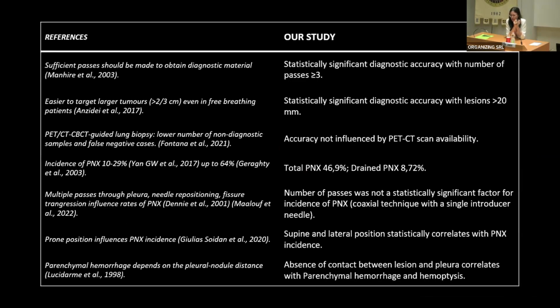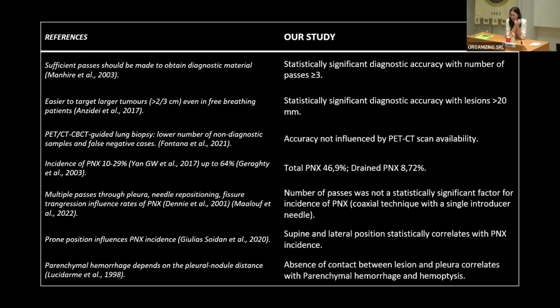In this slide, I would like to show you a comparison between some references I found in the literature and a study we conducted in the last 3 years. It is a retrospective study based on pretty much 300 biopsies. We have found that collecting at least 3 samples for each procedure, thanks to this coaxial technique, allows us to have more diagnostic samples, so more diagnostic procedures.